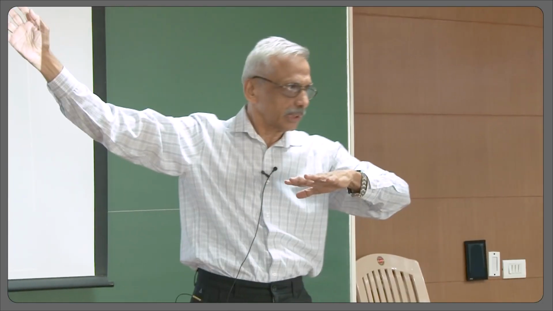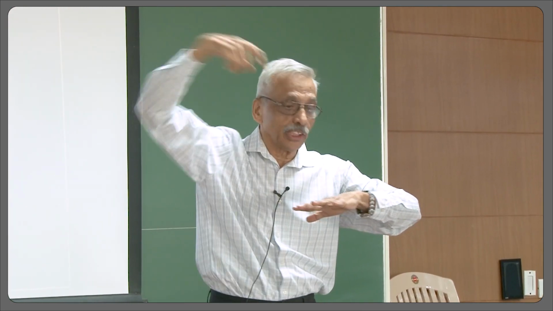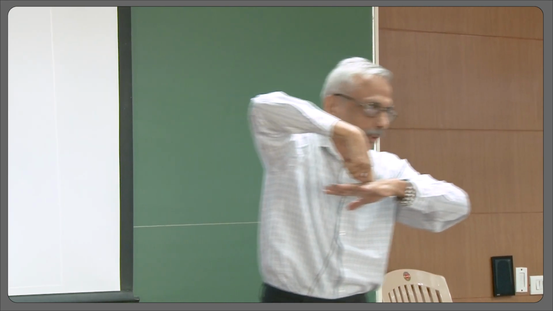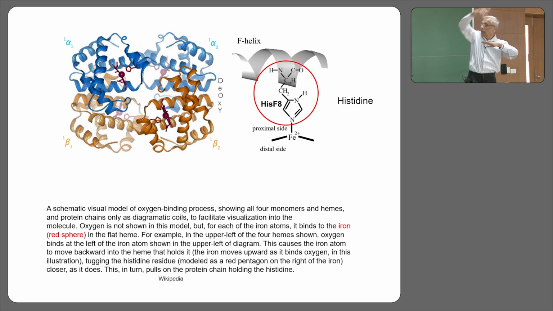Now, at some position, I do not remember the exact one, it is there in the literature, there is a histidine molecule, and that histidine molecule hooks on to this iron. This porphyrin ring is in one plane, and then there are the helices that you see. In those helices, one of them is histidine.